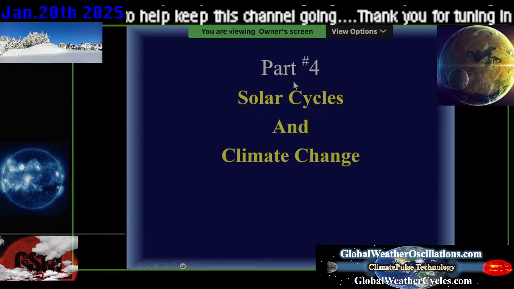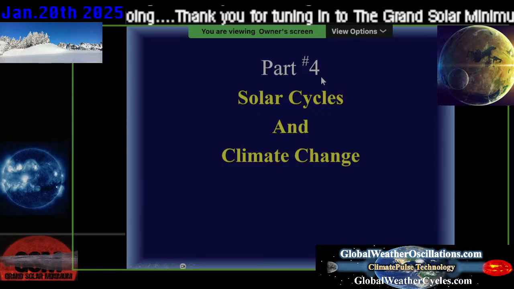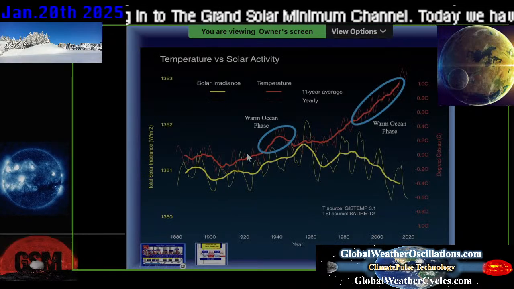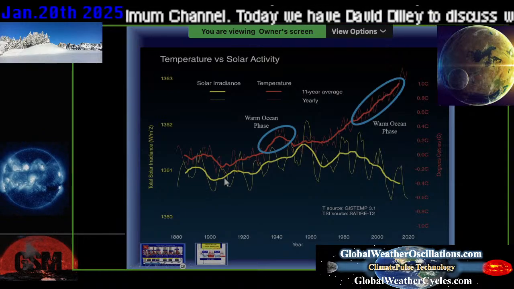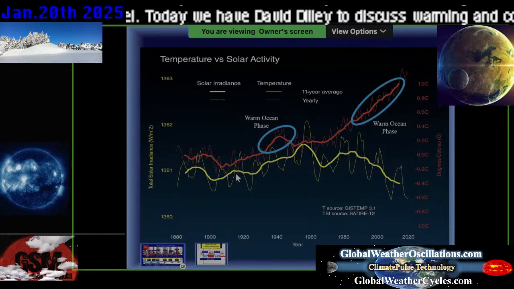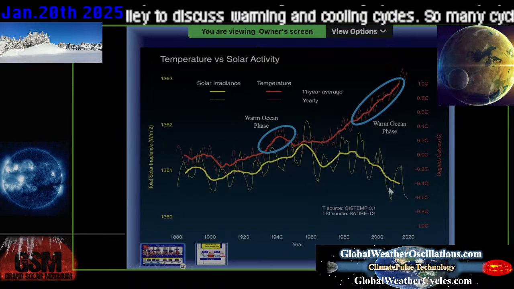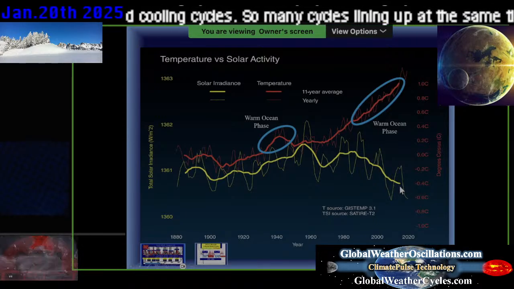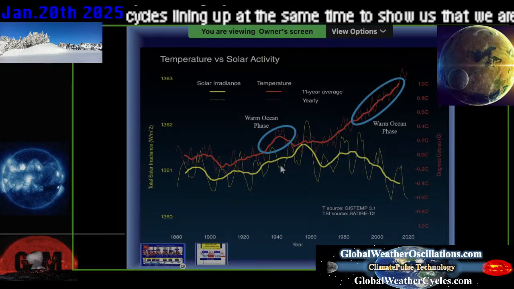Okay, this is a part you particularly like, solar cycles and climate change. And this is a graphic that I just found. The yellow is the solar activity from about 1880 up to, I guess, almost 2020. So you can see the solar cycles, there's a big peak in the 1950s.